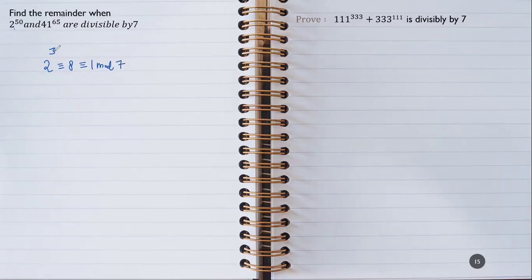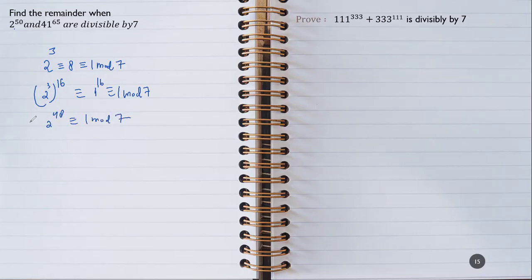Now we can raise this power to the power nearest to 50. So if I write 2 to the power 16, that is 2 to the power 48, then 1 to the power 16 will be 1, mod 7. So 2 to the power 48 is congruent to 1 mod 7.